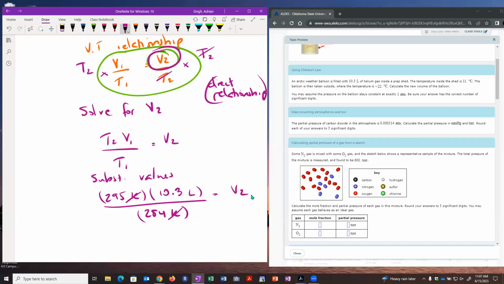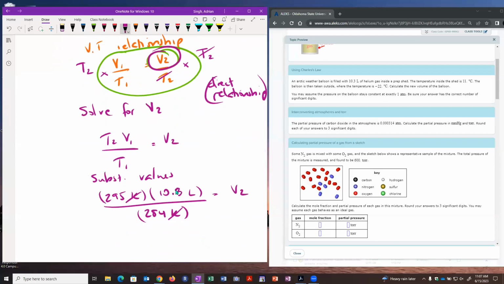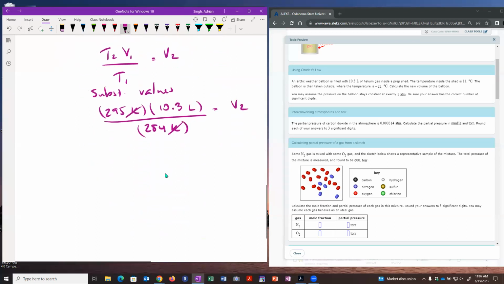So when you get your final answer, guess what? We already know generally what that final volume should be. If my temperature went from 284 to 295, so that's an increase in temperature, then my volume should go up as well. So my final volume should be more than 10.3 liters. And if it's not, that means you probably did the algebra incorrectly.